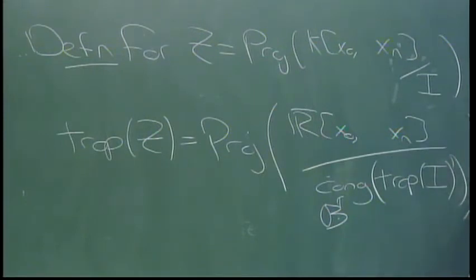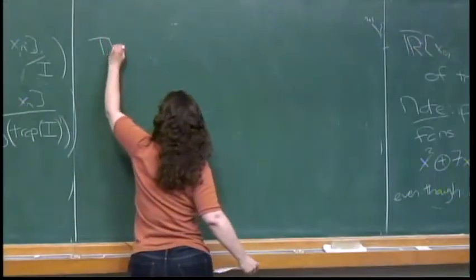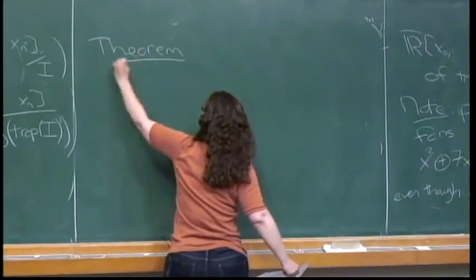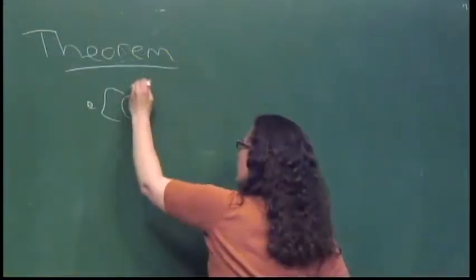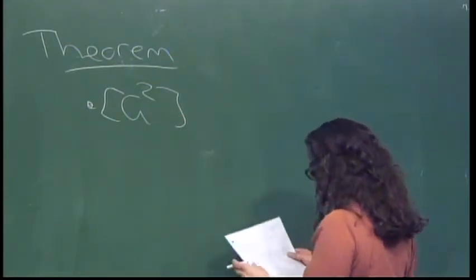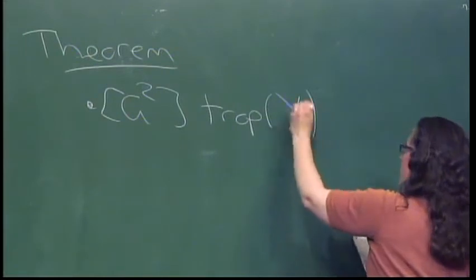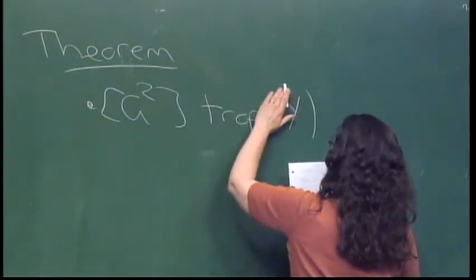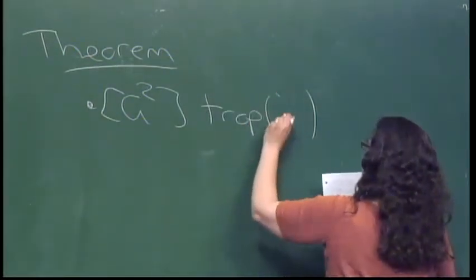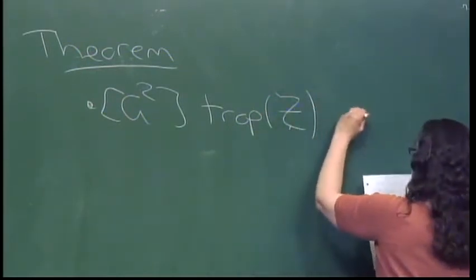So what do we know about it? Well, I guess Jeff already said this in the previous talk. We know that from this you can recover the tropical variety. So the theorem, the first part, I'll say Giansiracusa, is that the tropicalization of Z can be recovered.